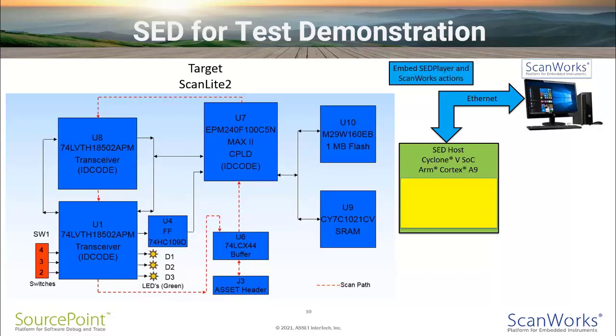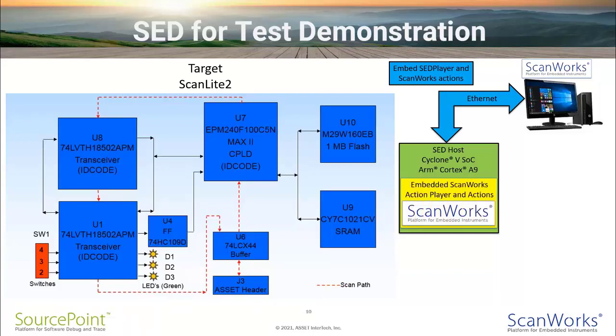Once I have the file structure created, I'll upload the SCD player that I just mentioned, which makes it possible for us to run ScanWorks on this SoC. I'll also upload some action files that are necessary for me to run the various actions during the demonstration. I'll do all that via an Ethernet connection.